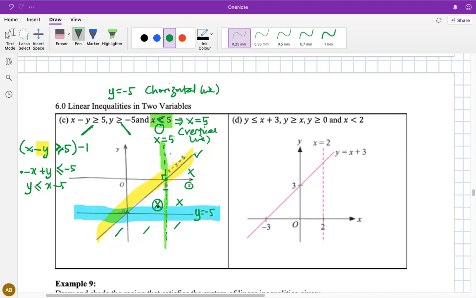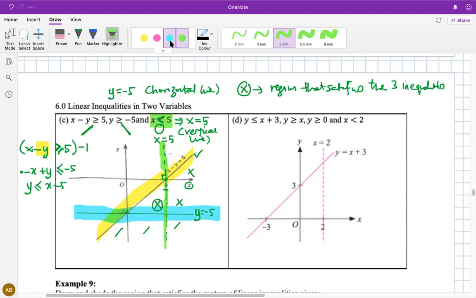So I will get this symbol. When I get this symbol, it means the region that satisfy the three inequalities. Okay, so this is the region. So I use pink to represent the region. All right. So this is the region.